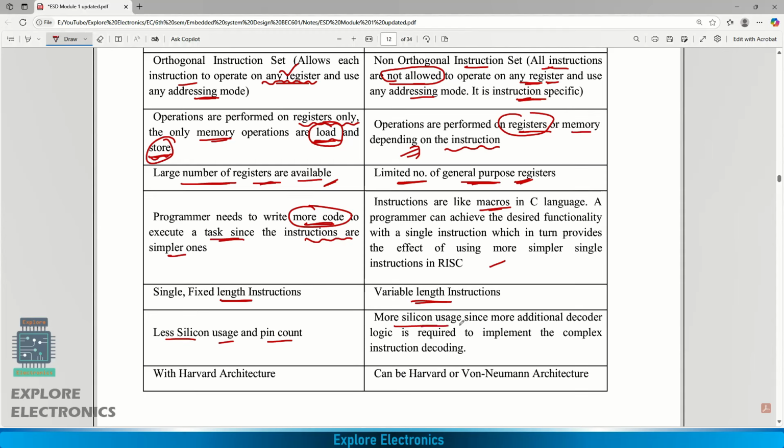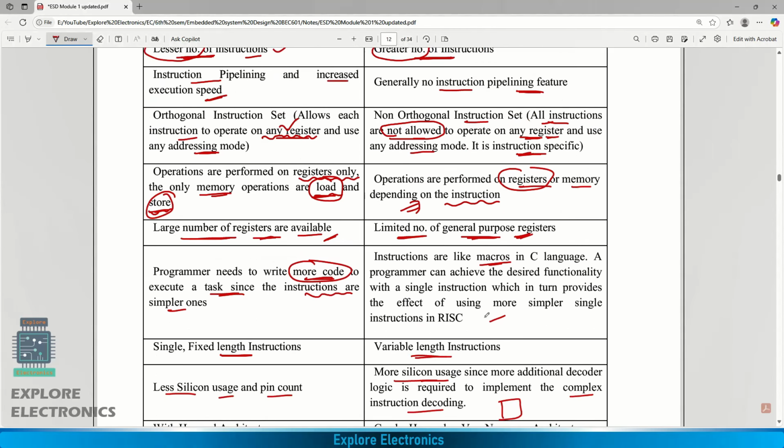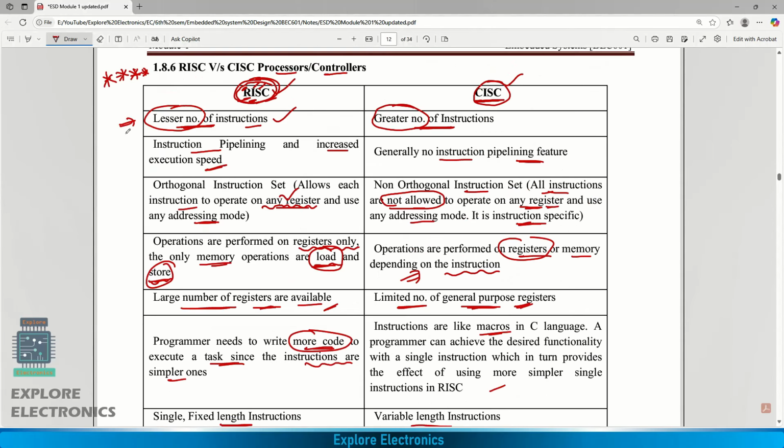In CISC, more silicon usage is required, meaning the silicon area is larger, and complex instruction decoding as well. Then RISC is a Harvard architecture example, and CISC can be Harvard or Von Neumann architecture as well. So you can remember the number of instructions, and whether pipelining is supported or not.